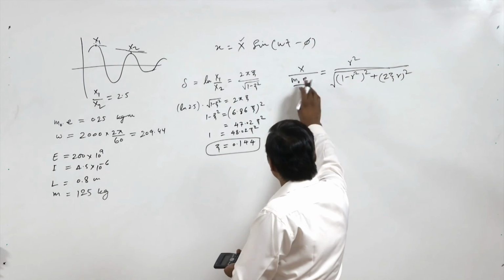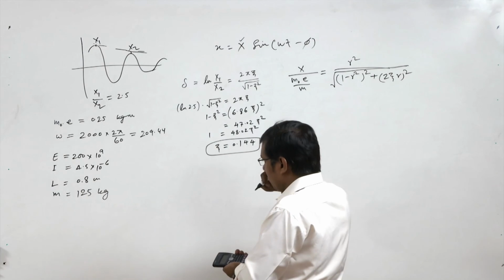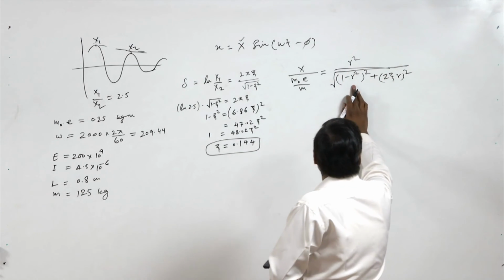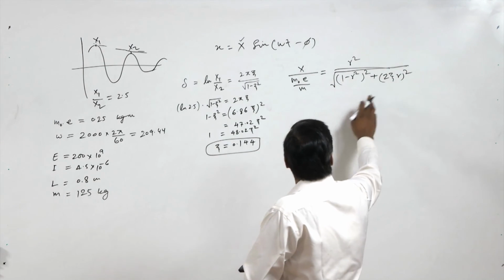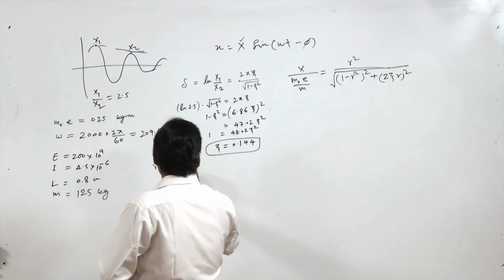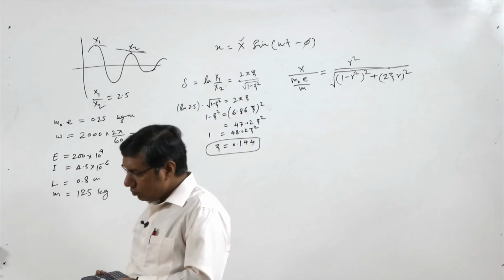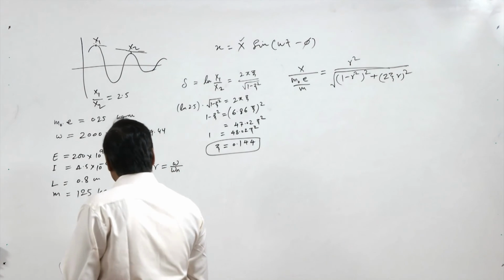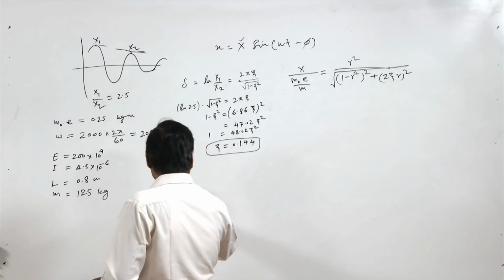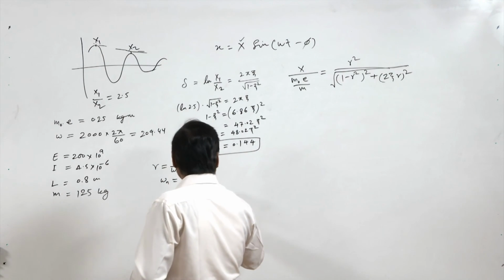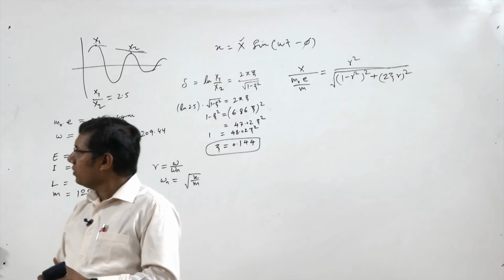So we know m0 e, we know m because m is 125 kg. r we have to find, zeta we know, so r is equal to omega by omega n, but we don't know omega n. So what is the natural frequency of the system? Omega n equals root k by m. M we know, but we don't know the stiffness.